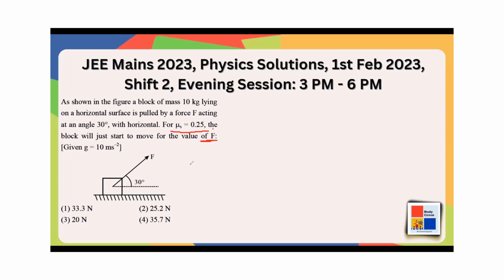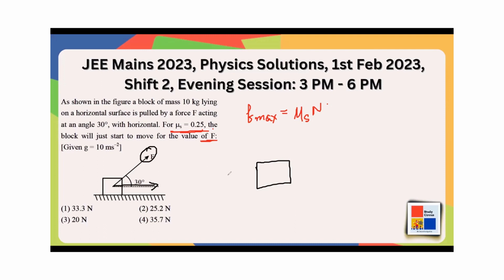So what will happen? The maximum value of the static friction is equal to mu s, that is 0.25 here, times the normal force, right? So if I make a free body diagram of the block, this F, I'll take component, okay?